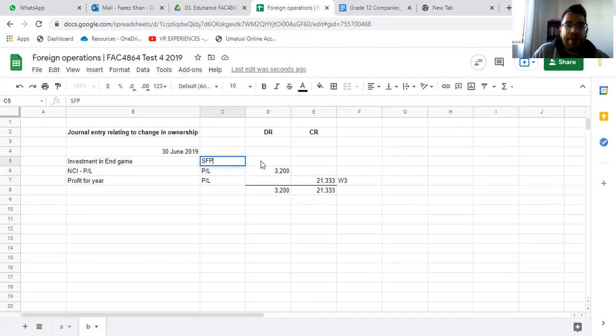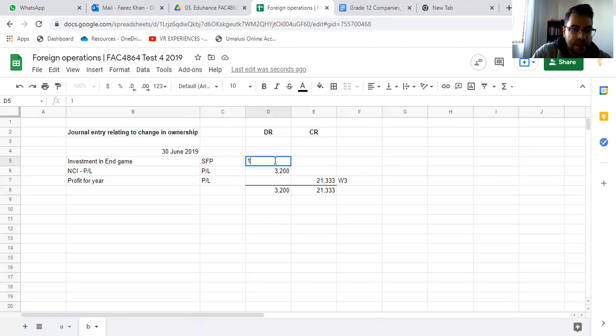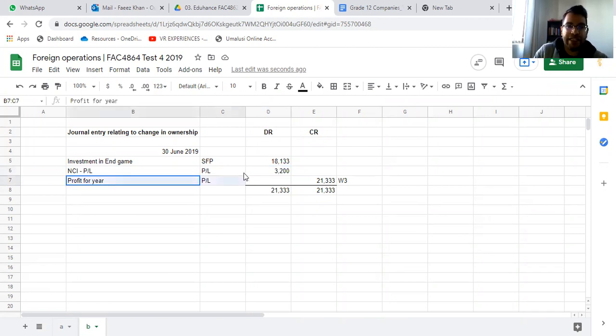So the balancing figure is going to be the difference between the two, but basically it's going to equal the parent's portion of 18,133. So that is recognized, bringing on 100% of the profit for the year. We have to bring on 100% because for that 3 months, we have to consolidate. So we bring on 100%.